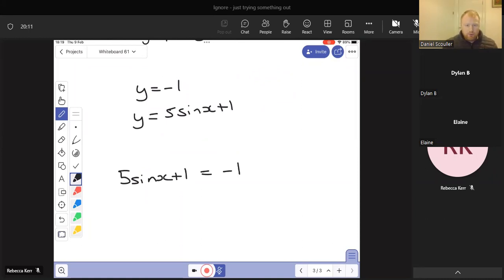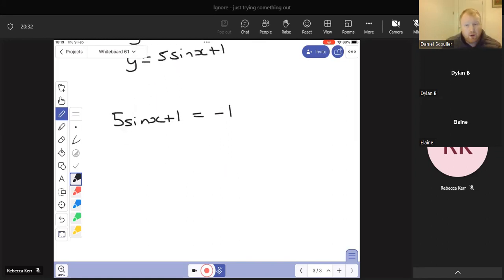So instead of writing y equals -1 and y equals 5 sine x plus 1, we're writing 5 sine x plus 1 equals -1. So where do both of those lines give you the same answer for x? Where do they intersect? Once you've got it in that format, that's the type of question we were doing on Tuesday.